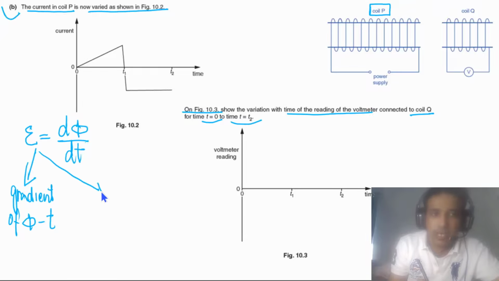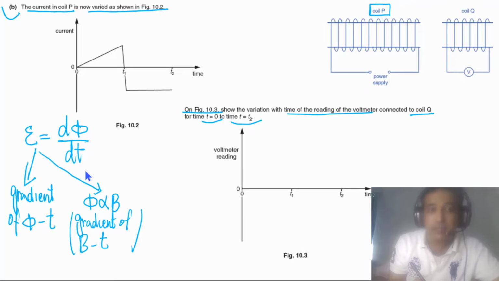We can also say that as flux is directly proportional to B, the gradient of the B-T graph is also proportional to EMF.